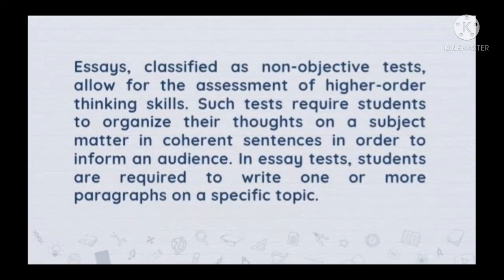Essays, classified as non-objective tests, allow for the assessment of higher order thinking skills. Such tests require students to organize their thoughts on a subject matter in coherent sentences in order to inform an audience. In essay tests, students are required to write one or more paragraphs on a specific topic.